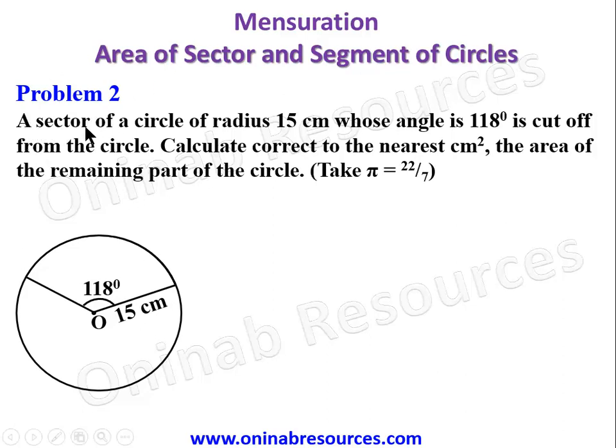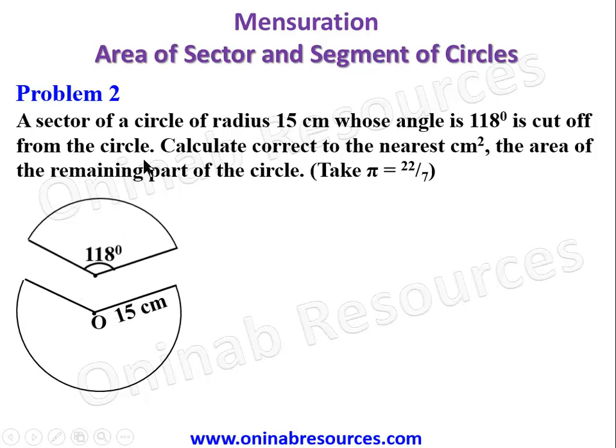We go through the question again. A sector of a circle of radius 15 centimeters whose angle is 118 degrees is cut off from the circle. We are to calculate, correct to the nearest square centimeter, the area of the remaining part of the circle.